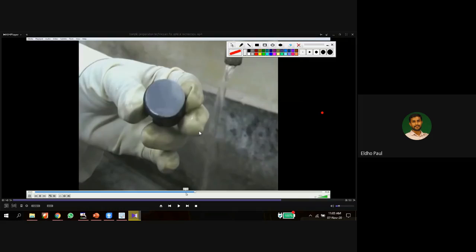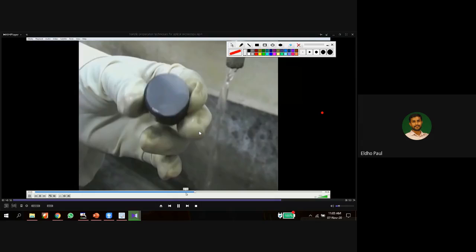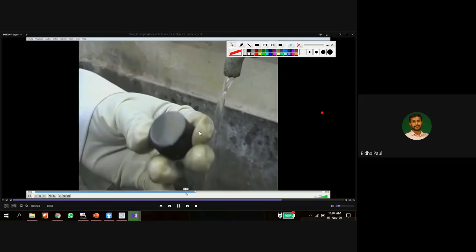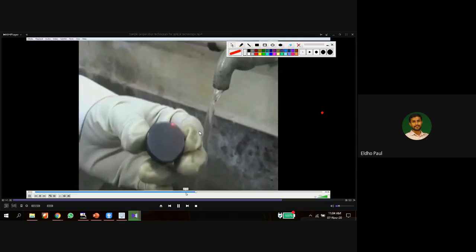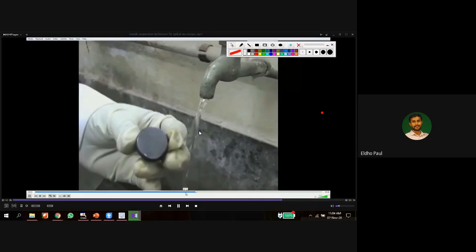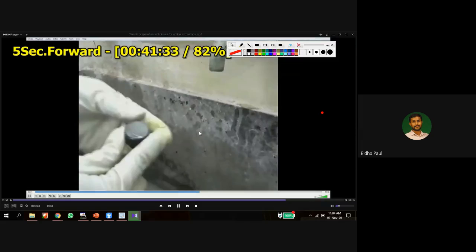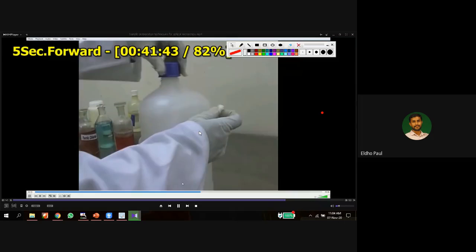If we apply a more chemically reactive reagent, then the depth will be high and the surface becomes darker. So based on the color, we determine the depth of the etching process.